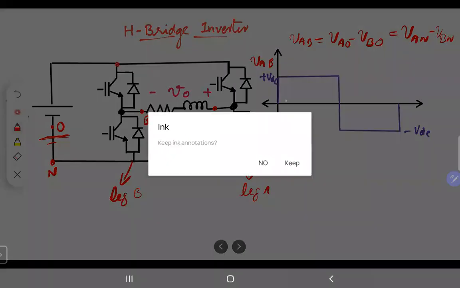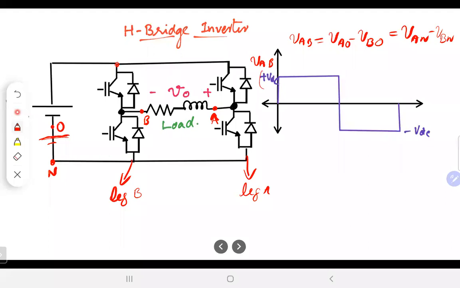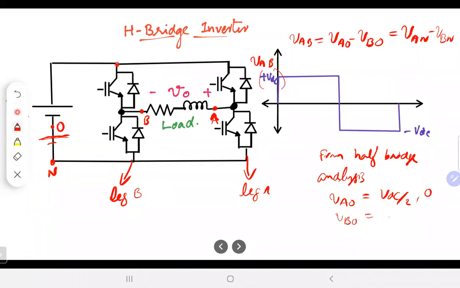But the output is going to be plus VDC, because if you remember your half bridge analysis, VAO with respect to the imaginary center point is going to be VDC by 2, and VBO is going to be VDC by 2 or 0, or here it is going to be 0 and VDC by 2.